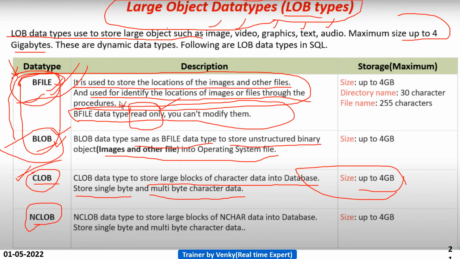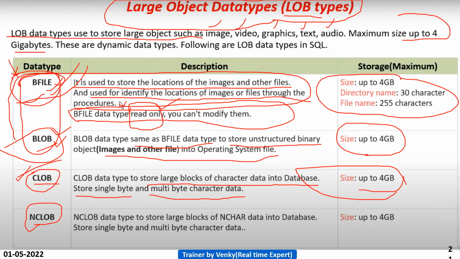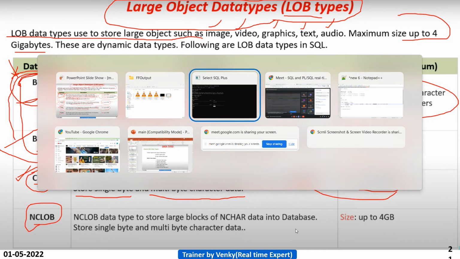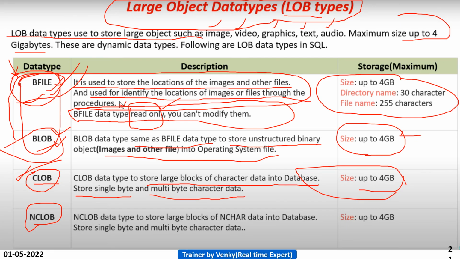See, among large objects, BLOB is used to store 4 GB, and BFILE also stores up to 4 GB. But if your requirement is that the file you are uploading into the database is just below 2000 bytes, then it's a waste to declare 4 GB, right?